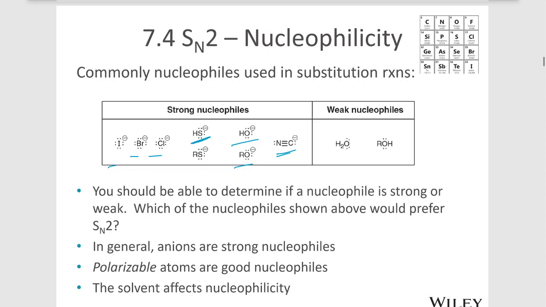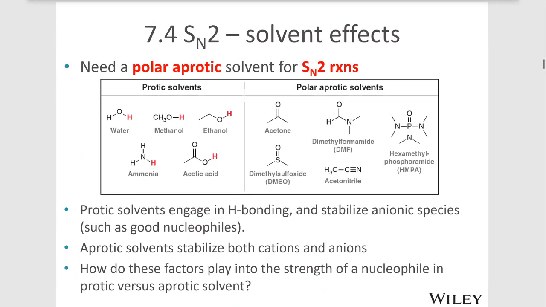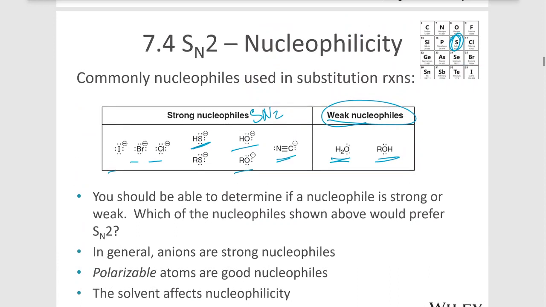So if you have something with a sulfur, that's generally going to be a good nucleophile. The weak nucleophiles are basically water and alcohols, the neutral water and neutral alcohols. Strong nucleophiles favor the SN2 reaction. Weak nucleophiles, as we're going to see, favor SN1, a different mechanism. So for an SN2 reaction, you need a strong nucleophile.